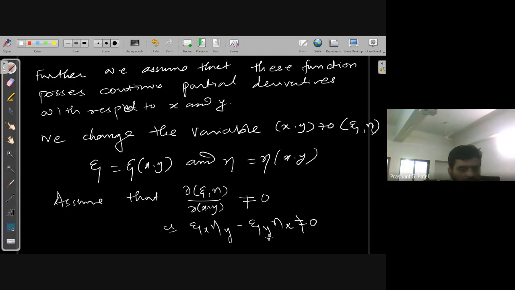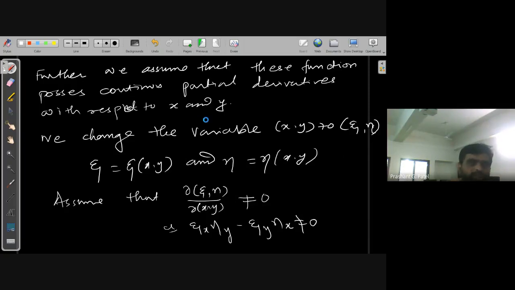Why are we assuming this? So that the transformation is invertible at least locally. That means in some neighborhood, this transformation from xy to xi eta will be invertible. So that's why we assume this condition, and it is important. So that we can convert the equation into that form.